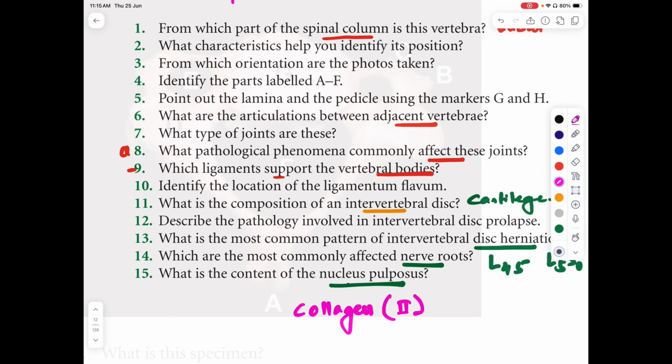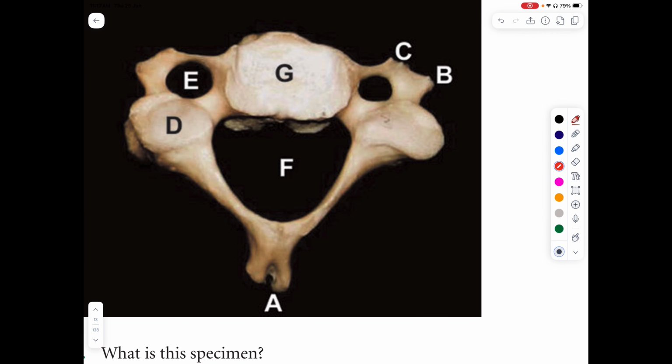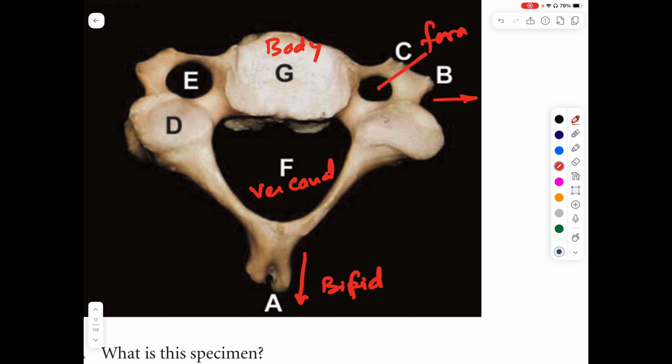You get a picture of this type of vertebrae, and you have to identify which vertebra this is. The important thing is this is the spine, this is the transverse process, this is the body, this is the vertebral canal. So spine is bifid, and this has got the foramen, body is small, canal is wide.